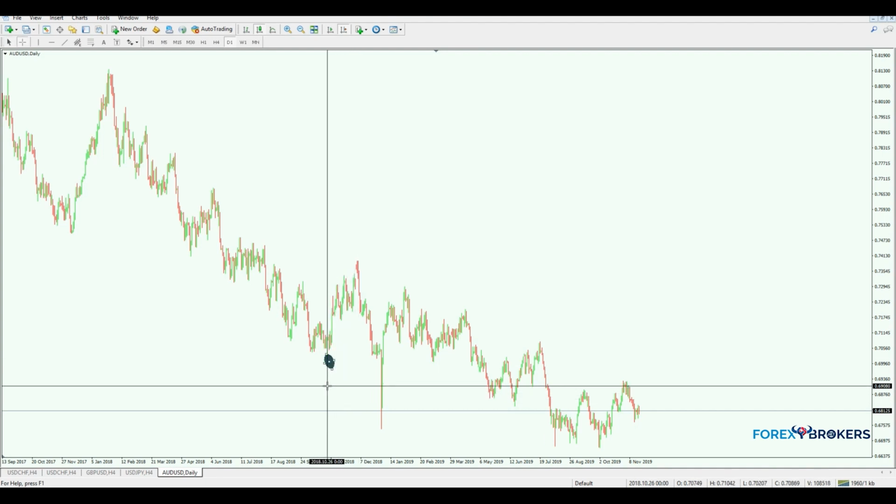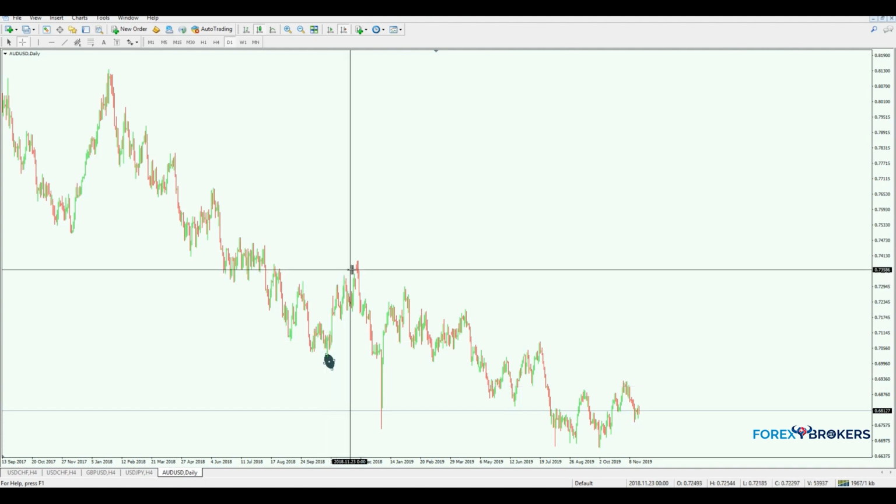For instance, from here, this bounce took from the 25th of October all the way until the 3rd of December. So during this period of 1.5 months, the Australian dollar and US dollar was actually quite bullish, but as a matter of fact, it was only part of a bearish trend.